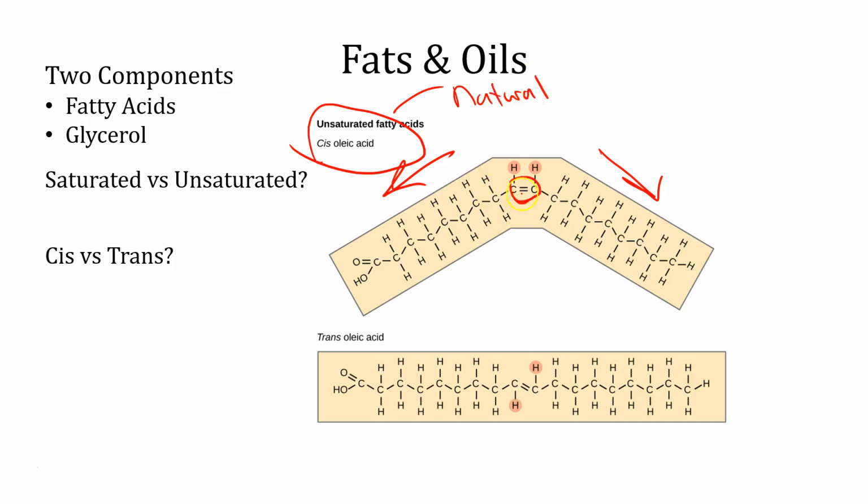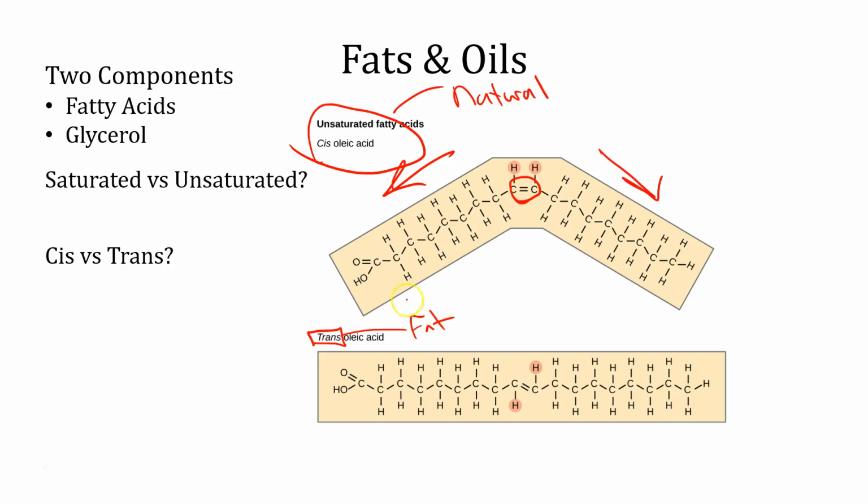Now, the food industry a while back realized that they could take oils, things that were liquid, and they could hydrogenate them, and they could also form double bonds. So that's where we get the name trans fat, right?